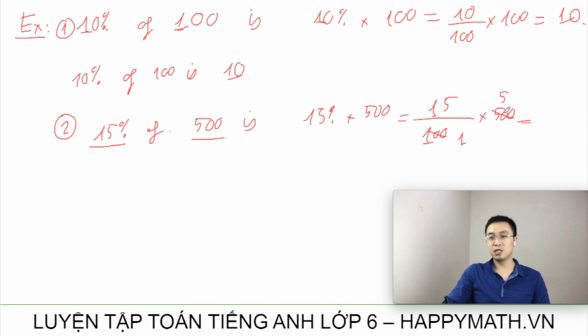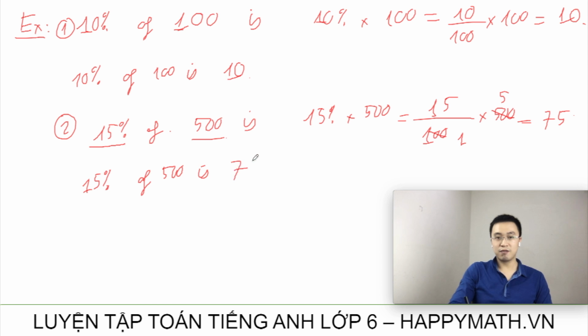So that's 15 multiplied with 5, and you got the result is 75. And the answer of the 15% of 500 will be 75. That is very easy, right?